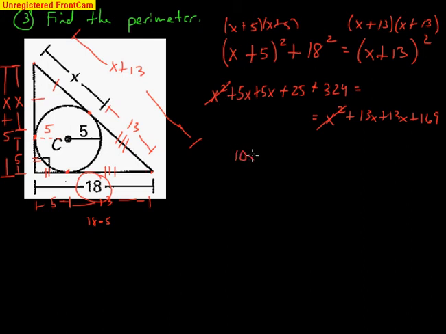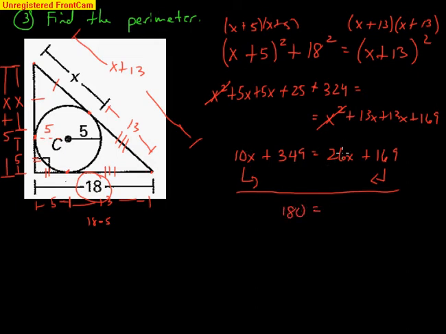So we get 10x plus 349 equals 26x plus 169. I'm going to move the 10x that way by subtracting it, and move the 169 that way by subtracting it. So we get 349 minus 169 is 180.